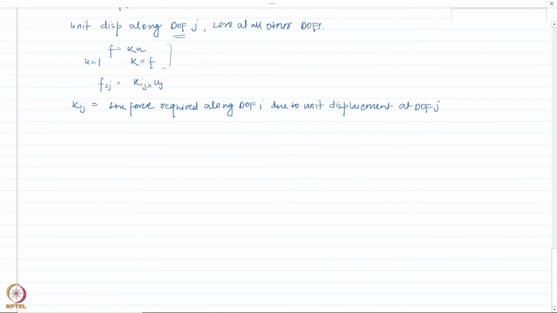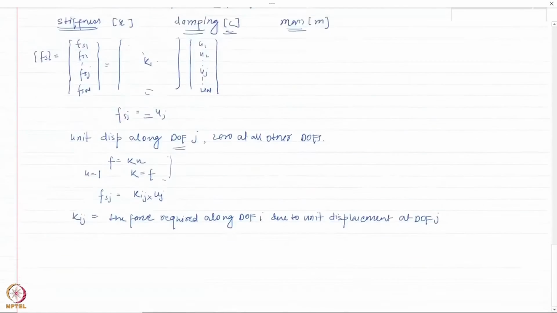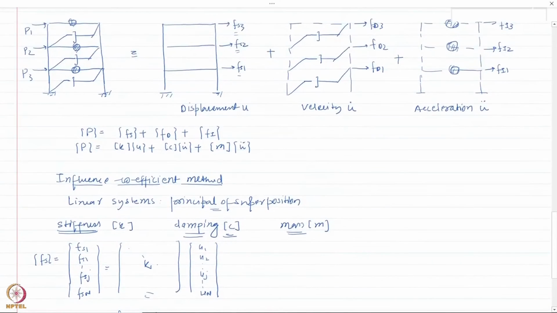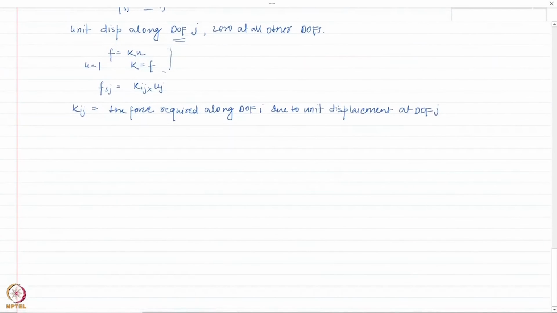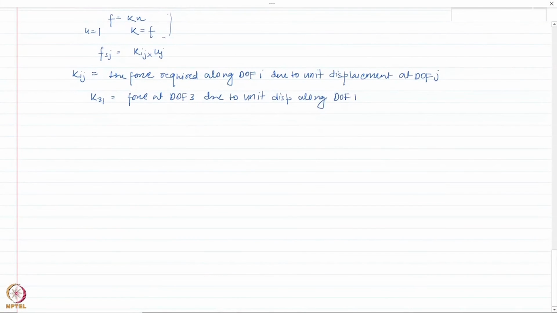So if I consider a 3-story building, element K31 is nothing but the force at DOF 3 due to unit displacement along DOF 1.